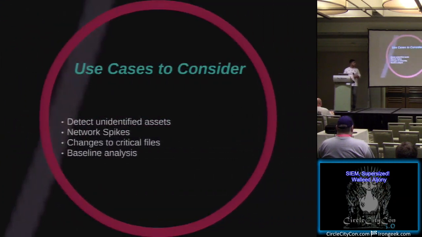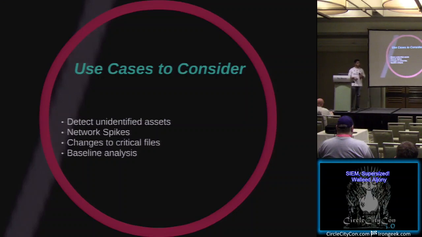Some use cases to consider for a SIEM deployment are detecting unidentified assets. I know this is not within logging, but if you have a very firm architecture within your environment, you can see if a rogue device went on your network or a rogue access point got plugged in, if you're monitoring for the right things.